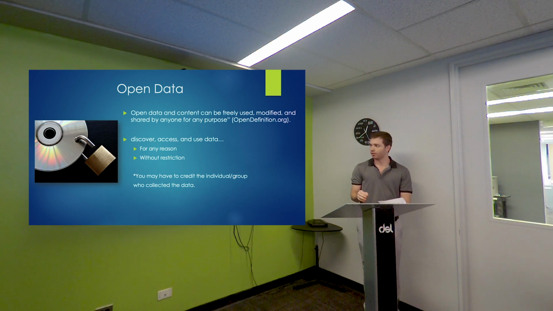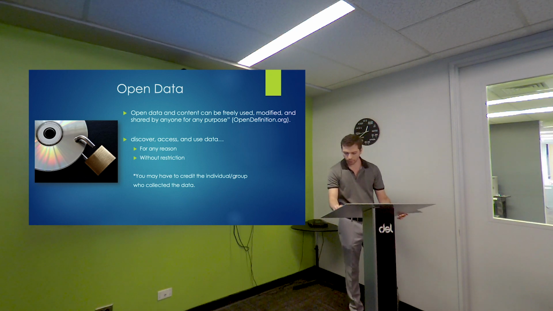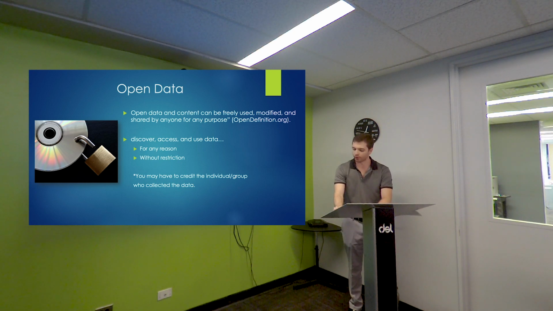You can do it for any reason. You can use it, you can modify it, you can copy it, you can share it with other people. There's no restriction. The only caveat to that is that you might have to give credit to the original owner or the group that generated the data. But it could still be open even if you have to attribute the original creator.